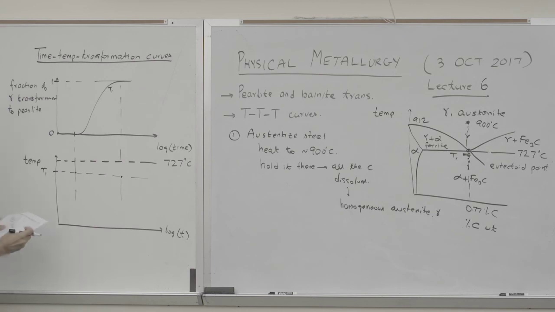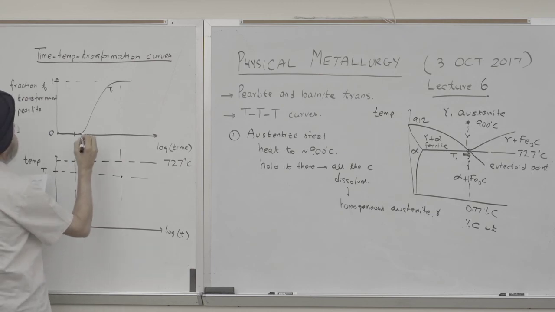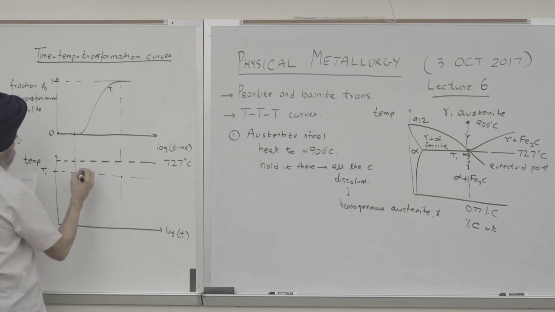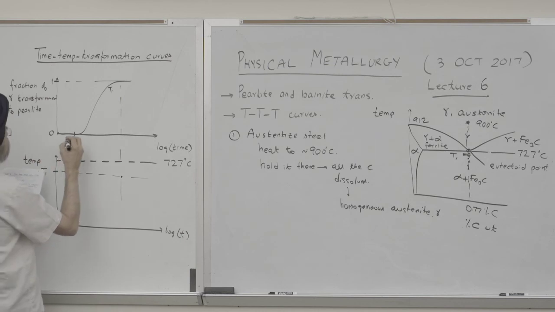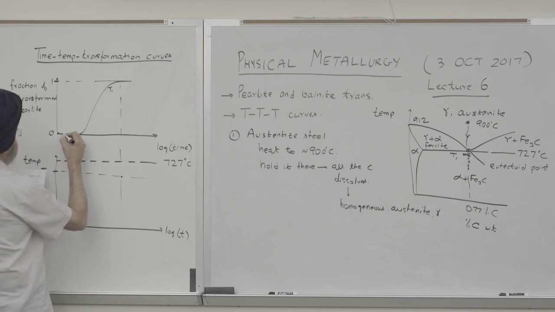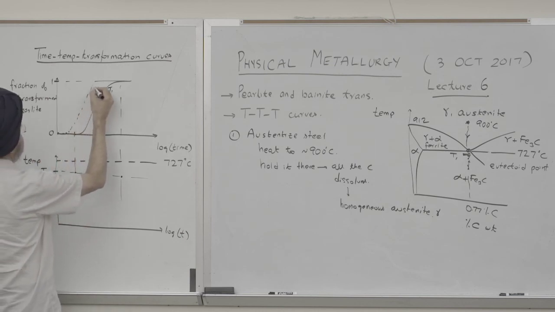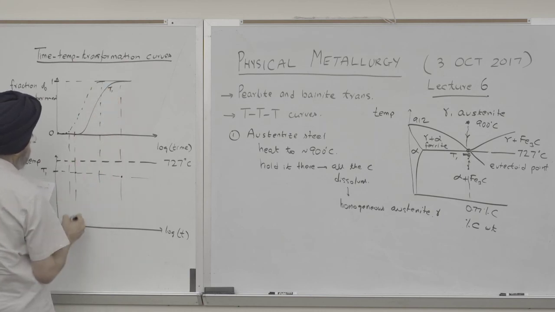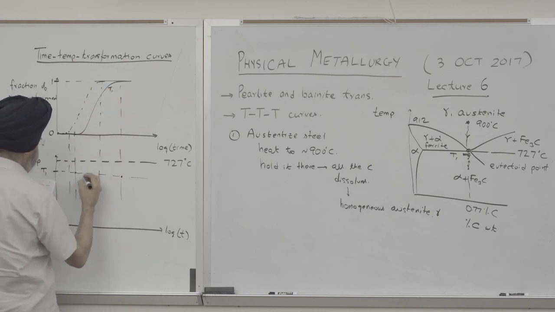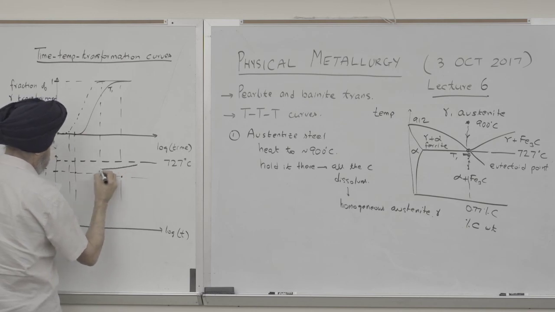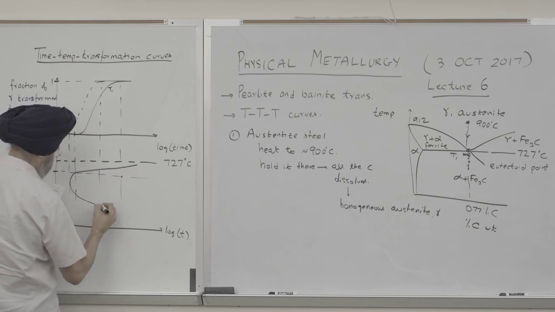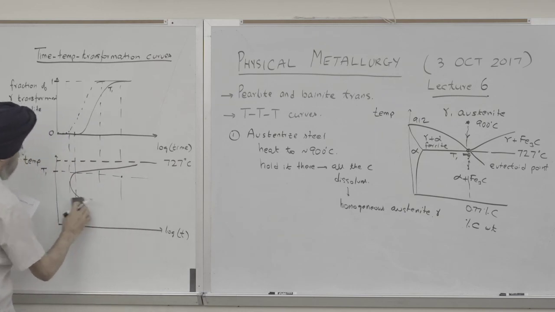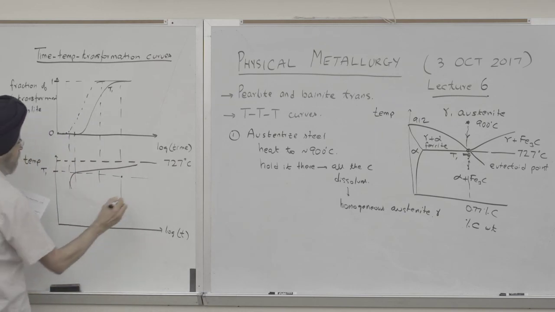If I take another temperature, let's say T2, my transformation will start earlier and will end earlier. So I can drop another two dotted lines. Basically what I'll get is a curve like, actually, I just want to draw this much of the curve.